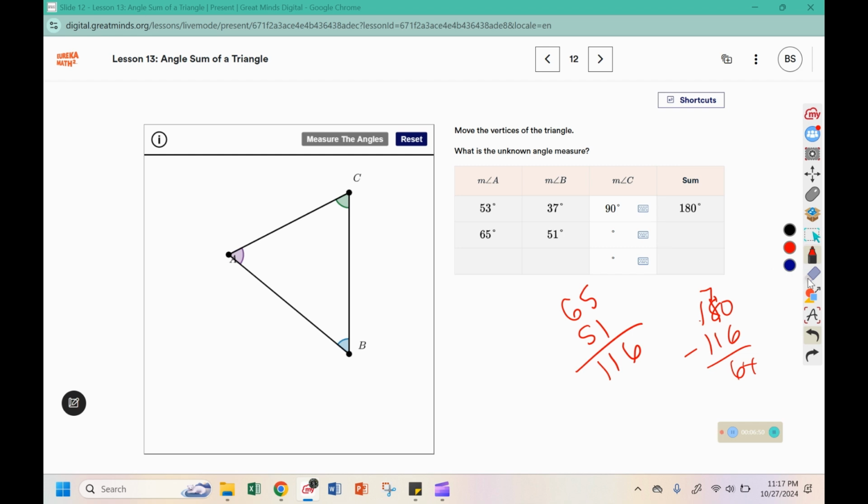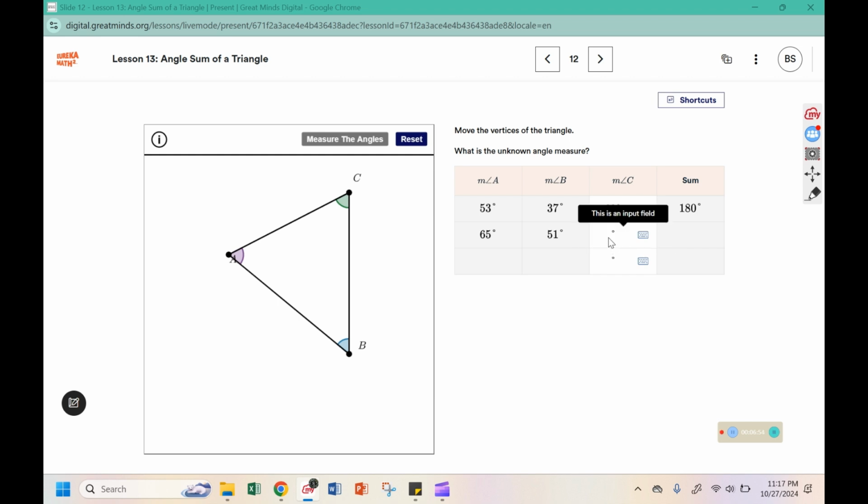So 64 should go in that angle C position. Which gives us a sum of 180.